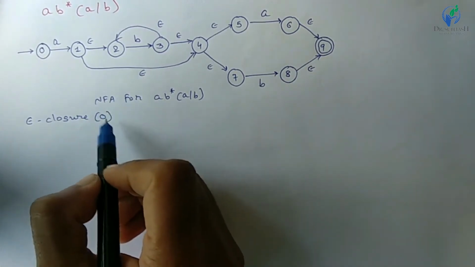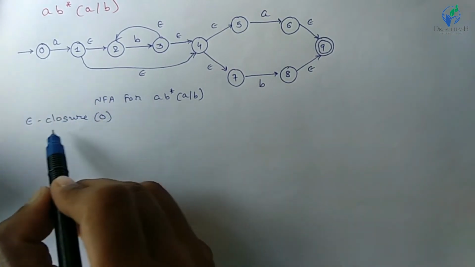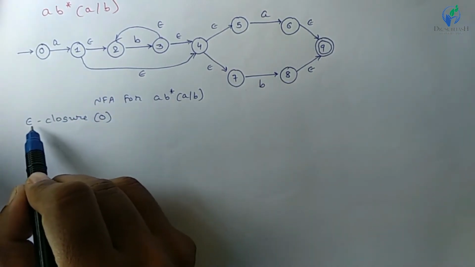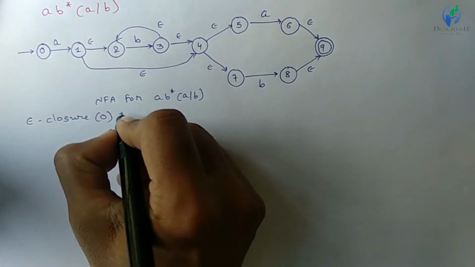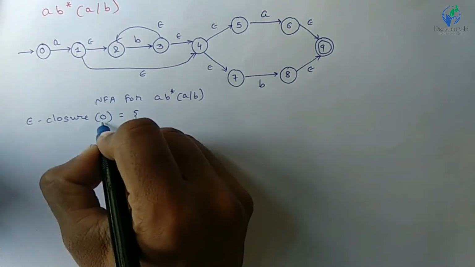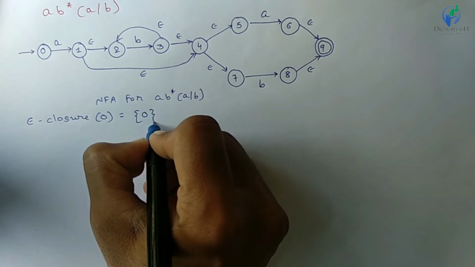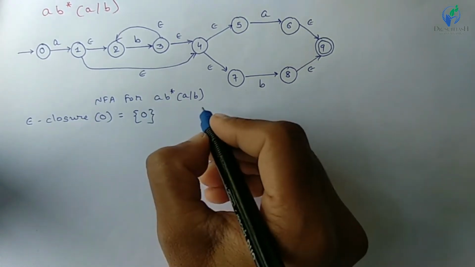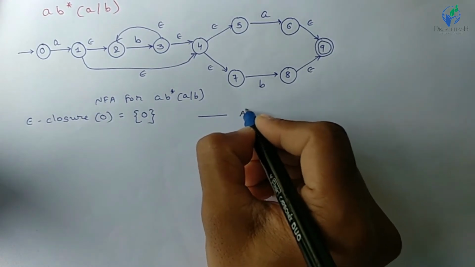Epsilon closure means find epsilon transitions from the given input. Here your input is 0. So find epsilon transitions from state 0, which is nothing. So 0 itself. Give it the state name A.